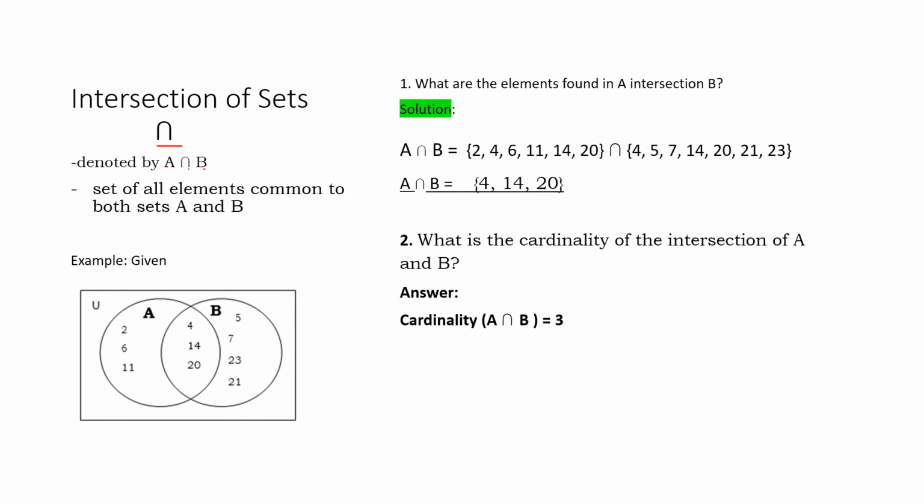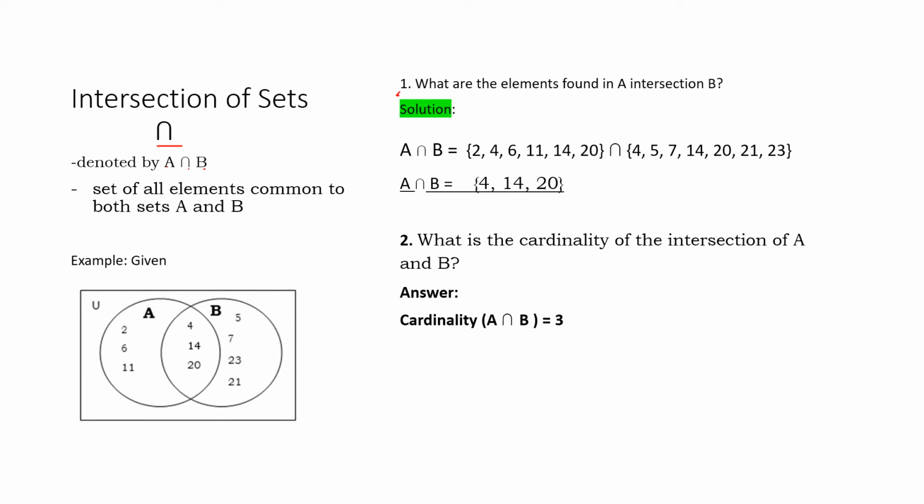Set of all elements common to both sets A and B. Meaning to say, kung ano yung meron sa A na meron din sa B. Yun ang ibig sabihin ng intersection of sets. Ano yung elements na nandoon kay A at the same time nandoon din kay B.